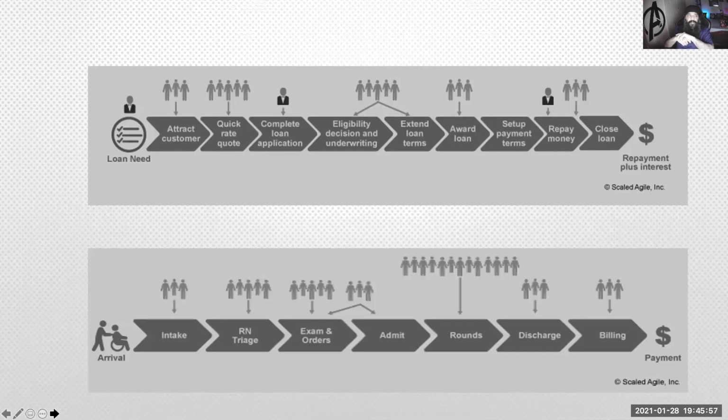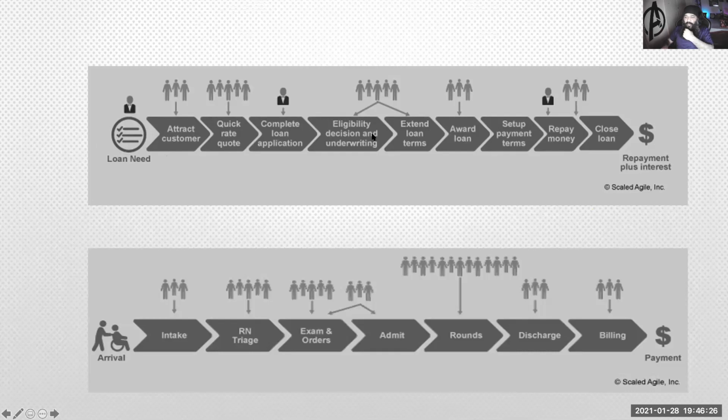When you're talking about business use cases, here is a banking example, wherein we have a new offering, which is that we are going to give loans to our customers. Whenever there is a person who needs a loan, as a bank, what is the first thing that we need to do? We need to attract the customer to our bank, possibly give him a quick rate quote, and ask him to complete the loan application.